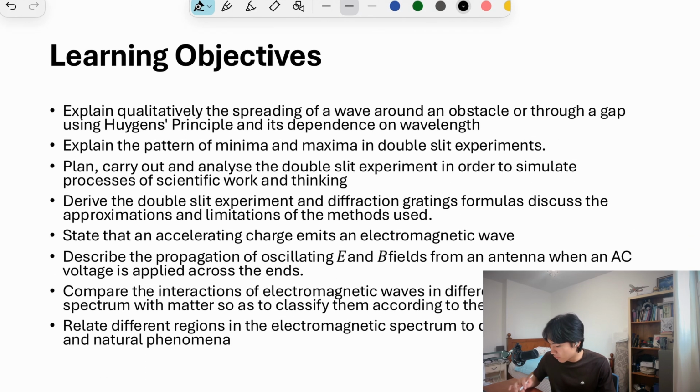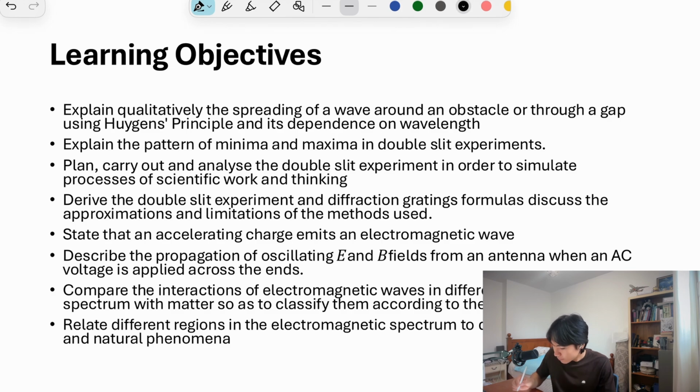So these are the learning objectives, right? We learned about the Huygens-Fresnel principle. We talked about the double-slit experiment, right? We talked about how we can draw it and how it is carried out. And we learned about how to derive these formulas. We learned that accelerating a charge causes an electromagnetic wave. We learned about how electric and magnetic fields are perpendicular to each other, right?